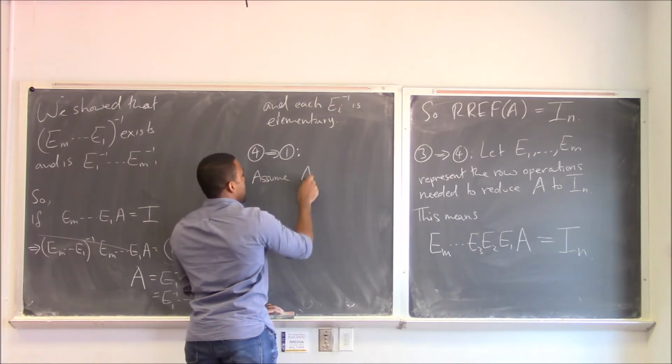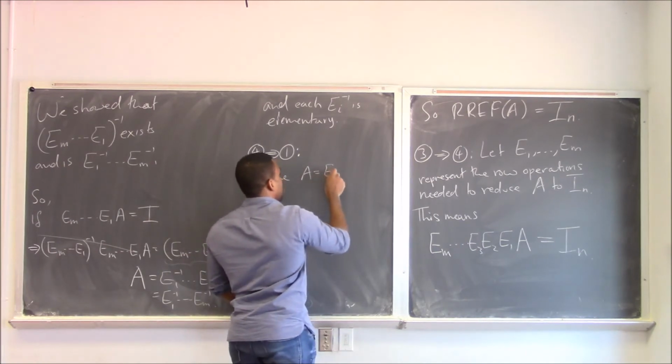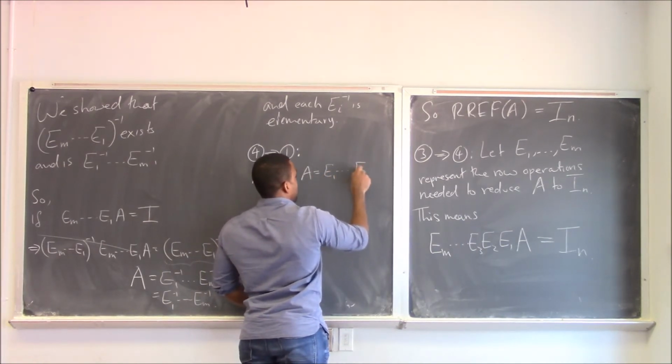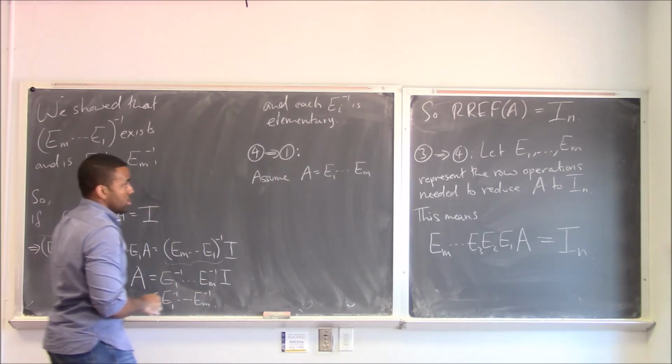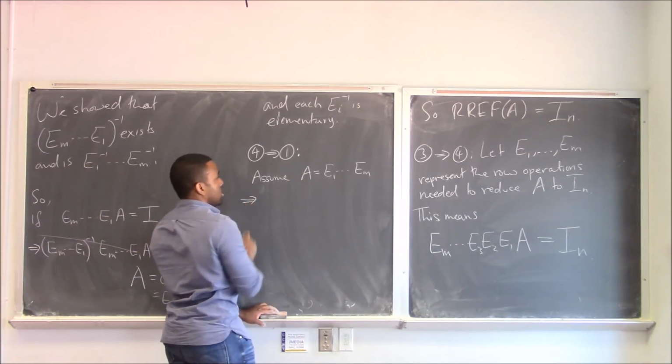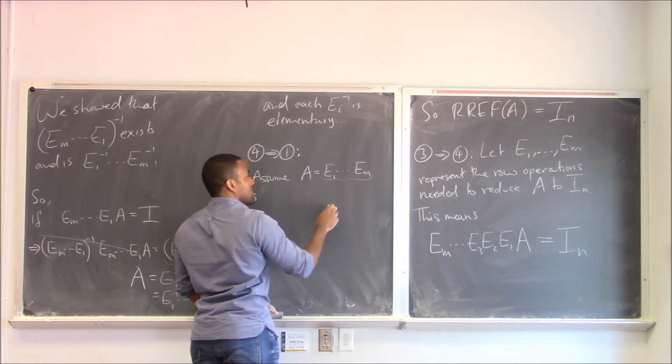So assume A is, and these are different E's potentially, right? So E1 through EM multiplied, because that's our assumption. Then I can multiply it. I know the inverse here exists.